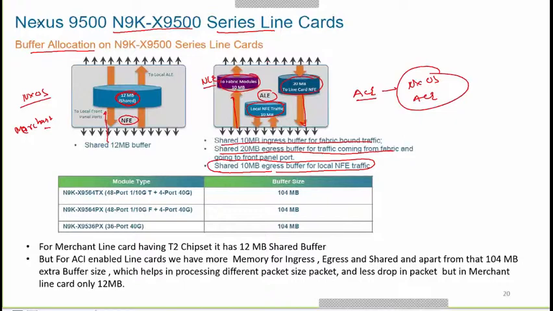So if you are using a line card which only supports NXOS, that means a merchant line card, you have a total of 12 MB shared memory.